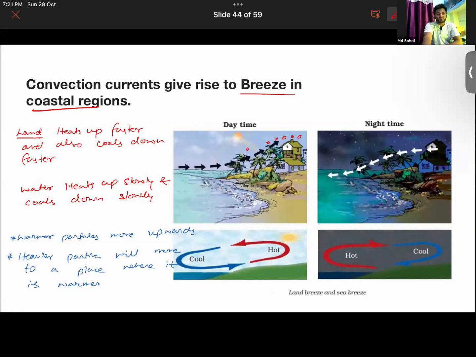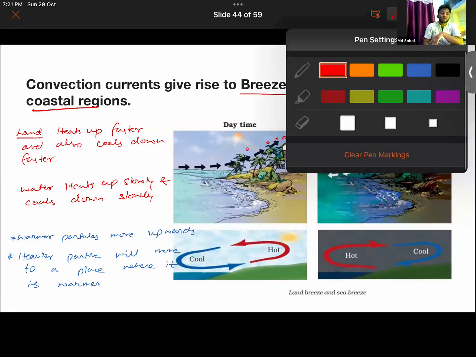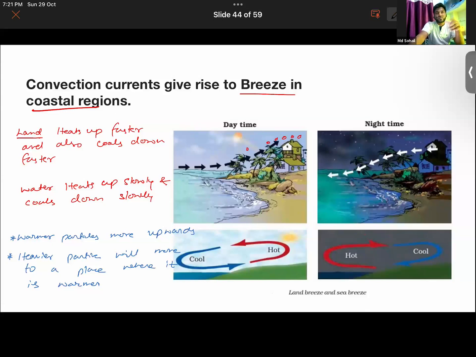Although air is a very bad conductor of heat, air will transfer the heat from its hotter parts to the colder parts. Air does not hold the heat; it will quickly transfer heat from the hotter part towards the colder parts.